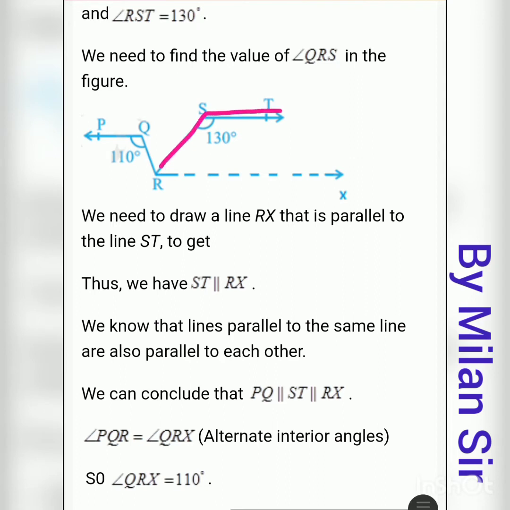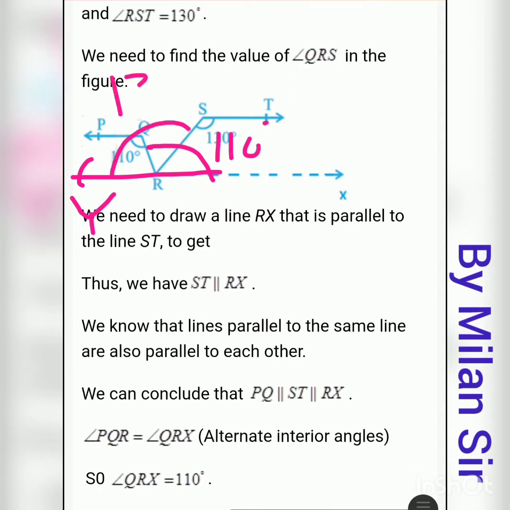If we mark a point Y here, then SRY is 130. So if we extend this line, here we have the measurement 110 and here 130.